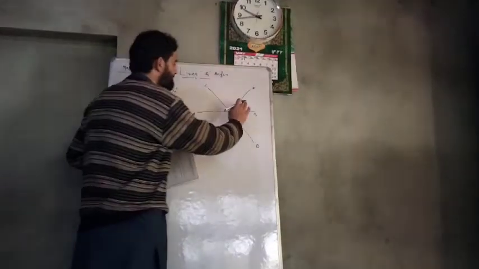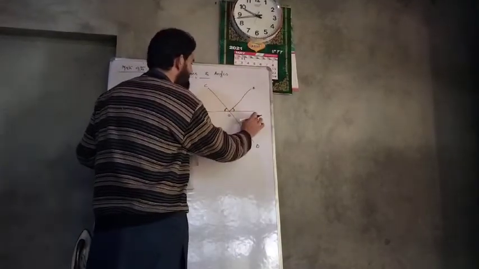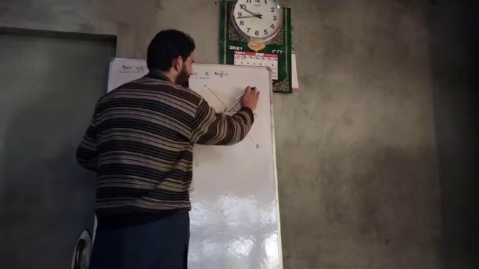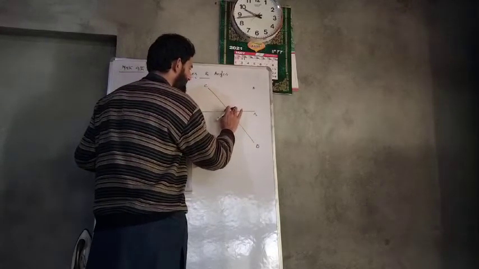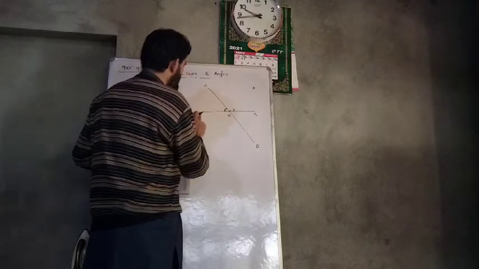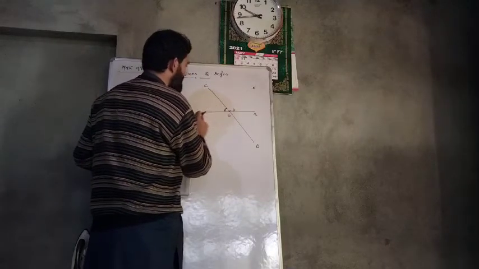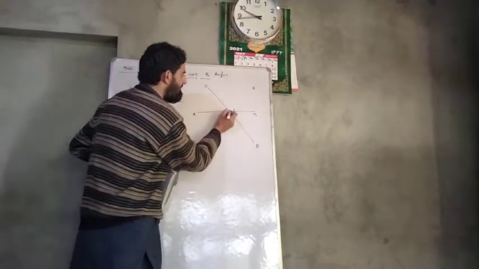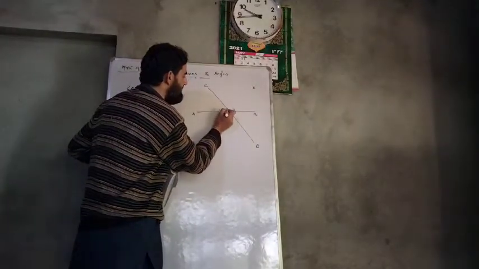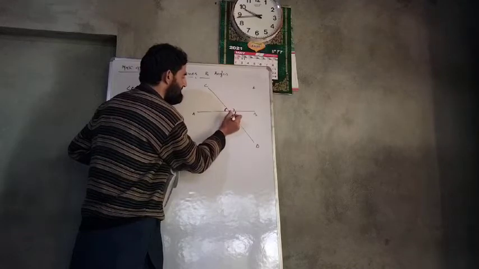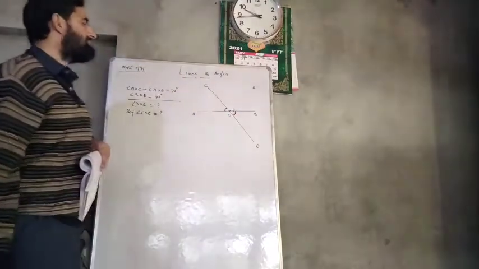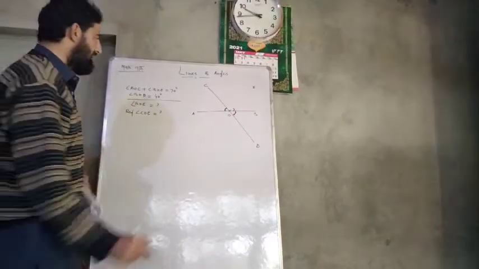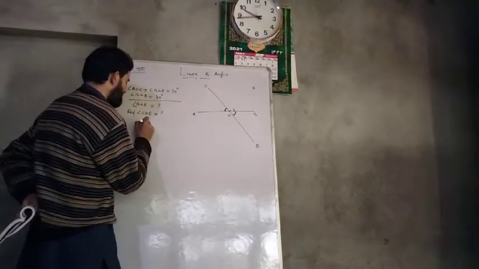First of all, let us see, AB and CD are two lines intersecting each other at point O. Obviously, this angle is equal to this angle, and we know that these are vertically opposite angles. So we write here solution.